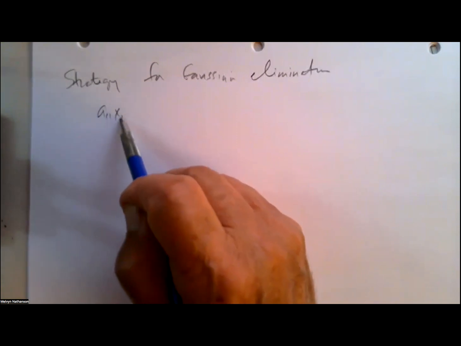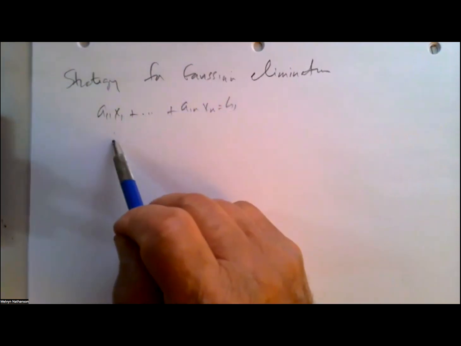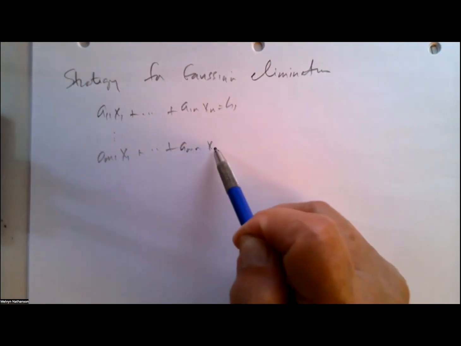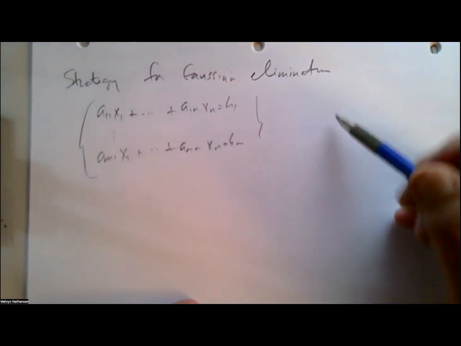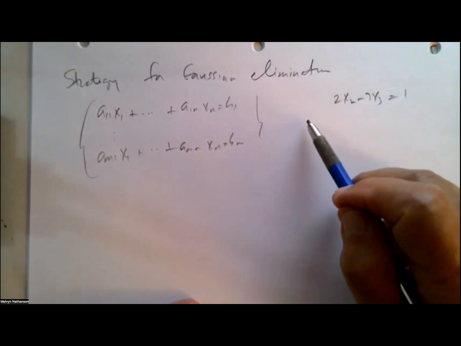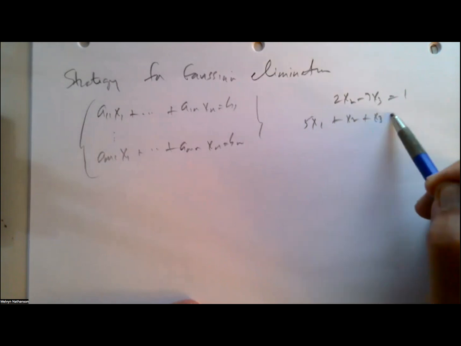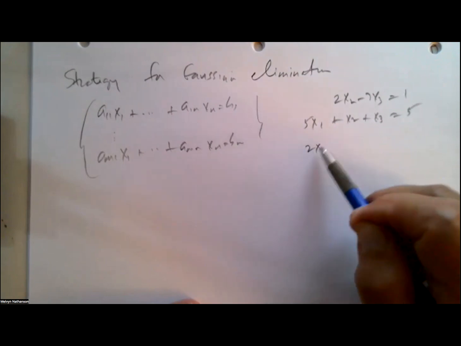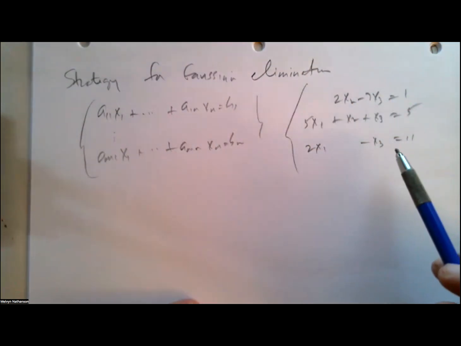You have your system of equations. Now, it could be your system of equations looks like this. Maybe 2x2 minus 7x3 equals 1. 5x1 plus x2 plus x3 equals, I don't know, 5. And 2x1 minus x3 equals 11. So this is your system of equations.